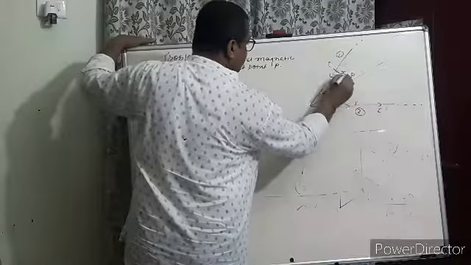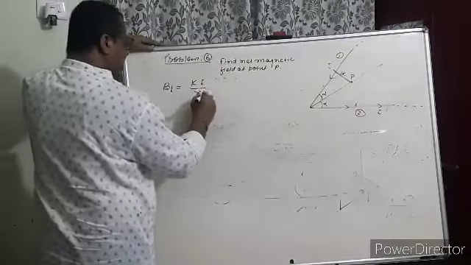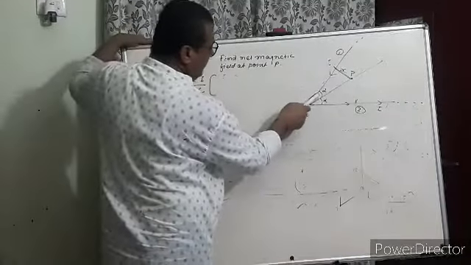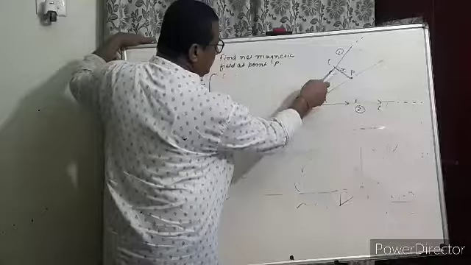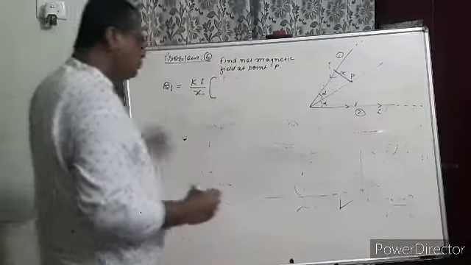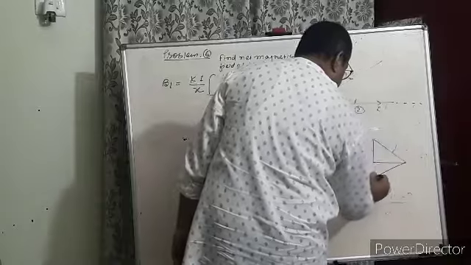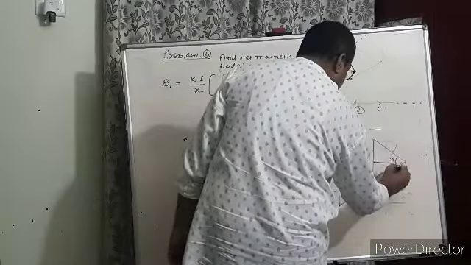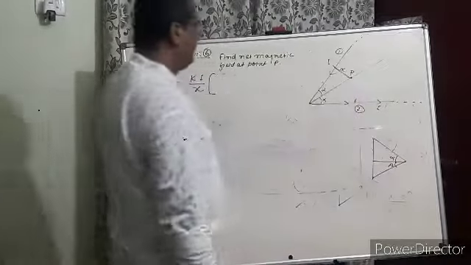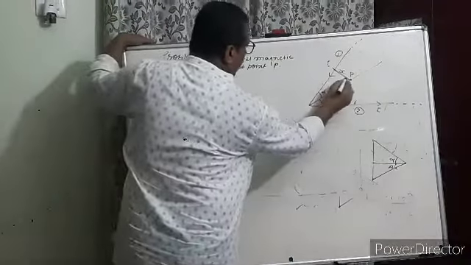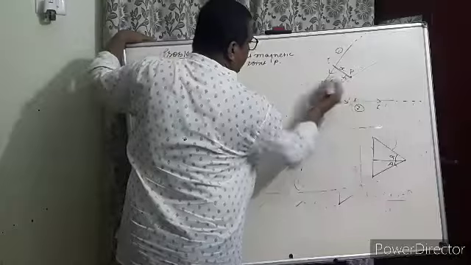Suppose this is x, so K I by x into sin alpha plus sin beta. This is alpha and this is beta.